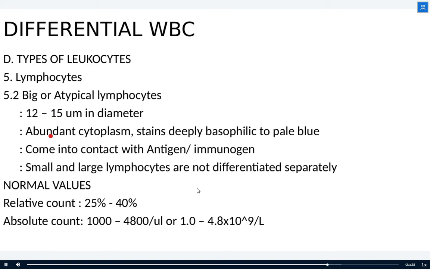And another one will be your big or your atypical lymphocyte. So this is the one that is usually in contact with your antigens, mga viruses class. Whenever you perform differential count class, hindi nyo need na ilagay na small or large siya. Enough na i-report nyo na lang siya as lymphocyte.